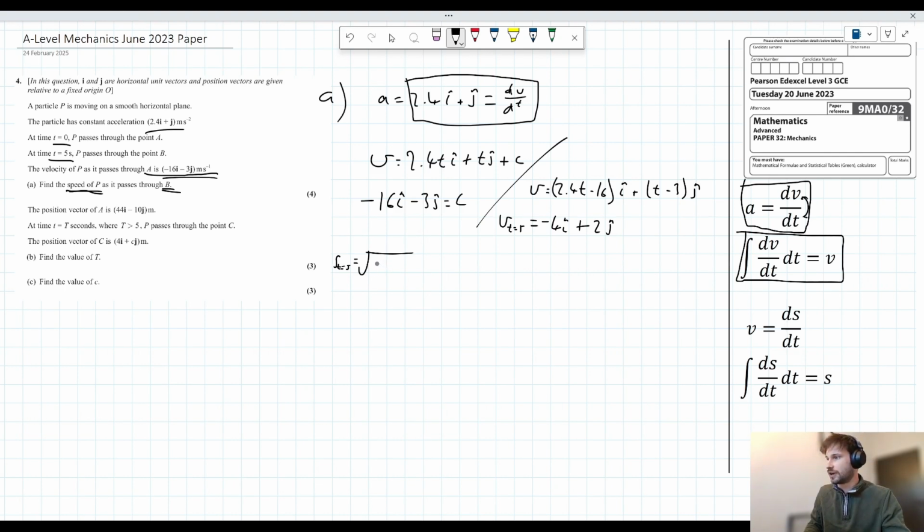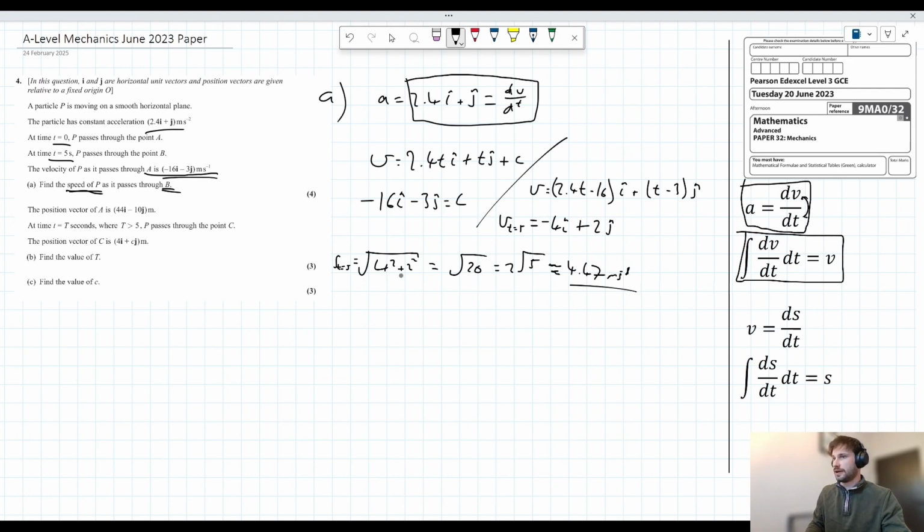S at t equals 5 is equal to the square root of 4 squared plus 2 squared, which can be taken as root 20, which can be taken as 2 root 5, which is 4.47 meters per second. Cool.